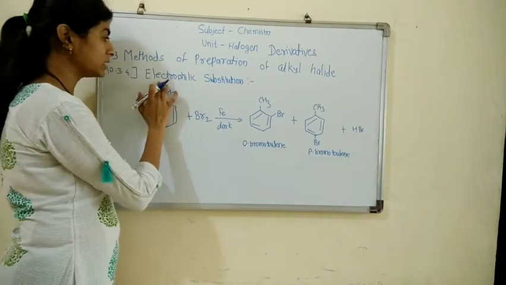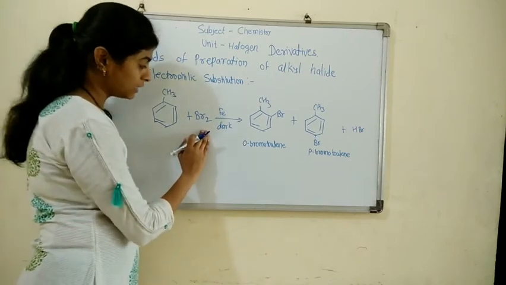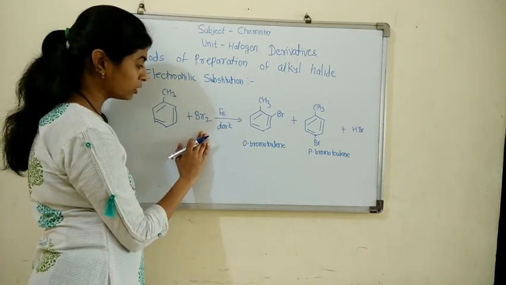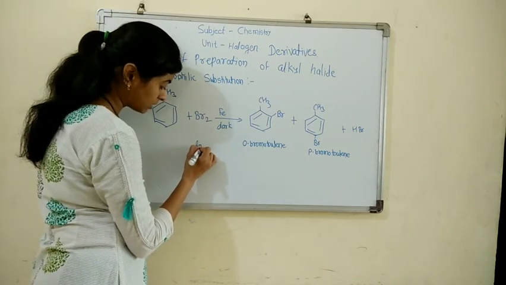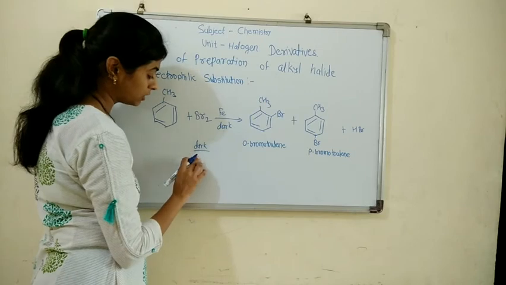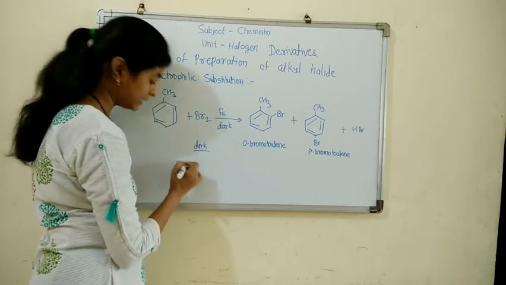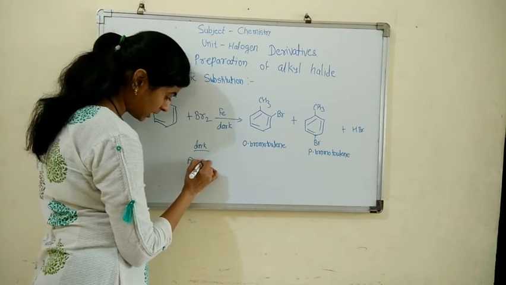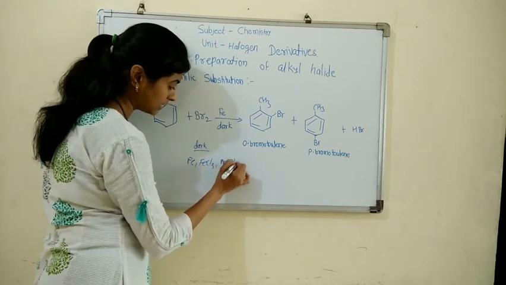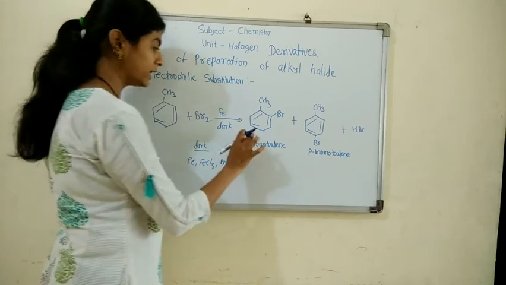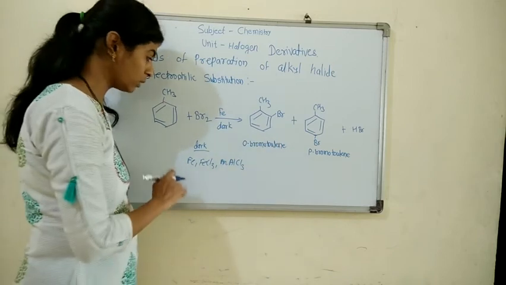The fourth method is electrophilic substitution. When arenes are treated with chlorine or bromine in the dark or at ordinary temperature in presence of a Lewis acid like FeCl3 or anhydrous AlCl3, we get our product aryl bromide or aryl chloride.